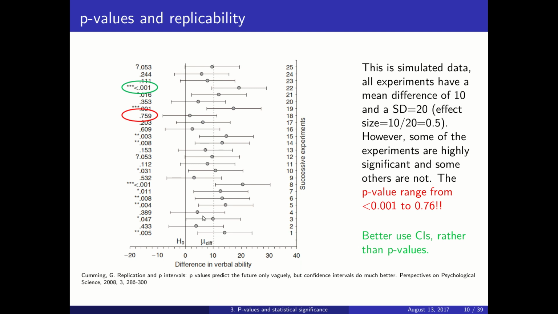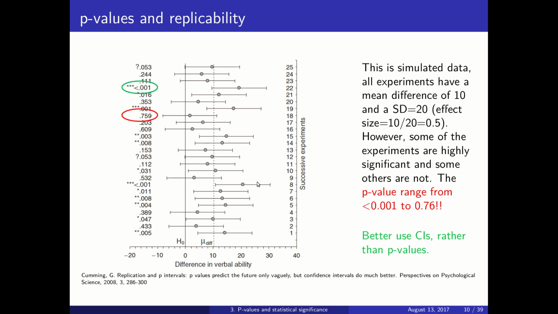But if you look at the confidence interval, it looks pretty wide. You might think that if you increase the sample size, that will make the confidence interval smaller, and then you might be able to identify that the difference between the two groups is really significant. Actually, if you look at the central values of these confidence intervals, you see that they are more or less centered around the true difference.